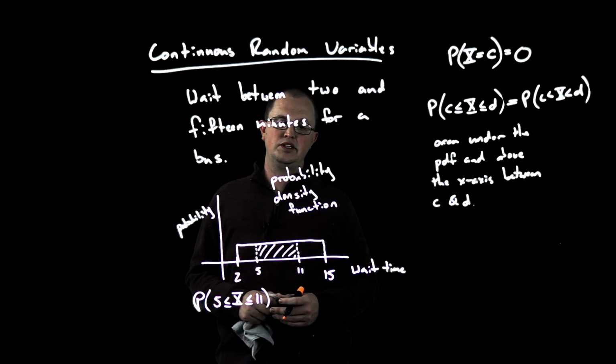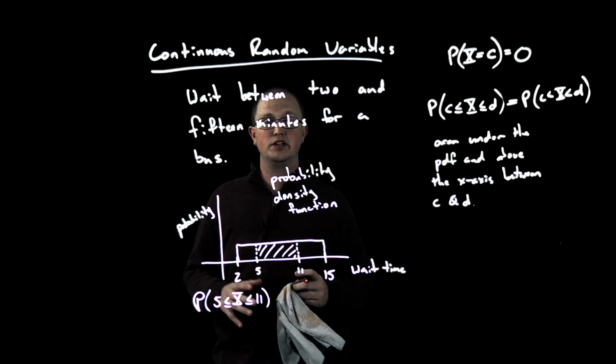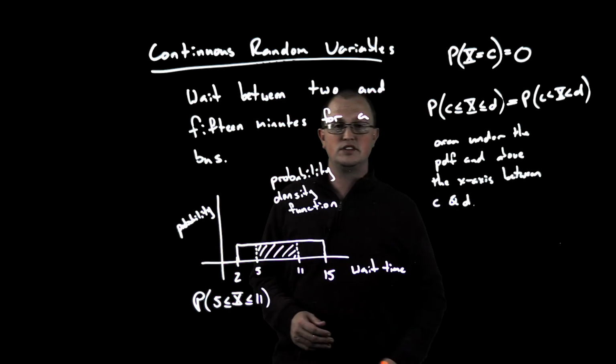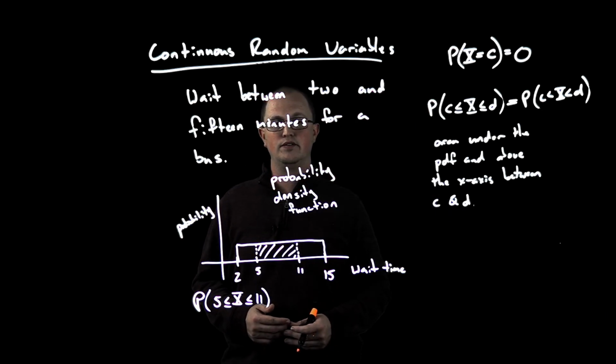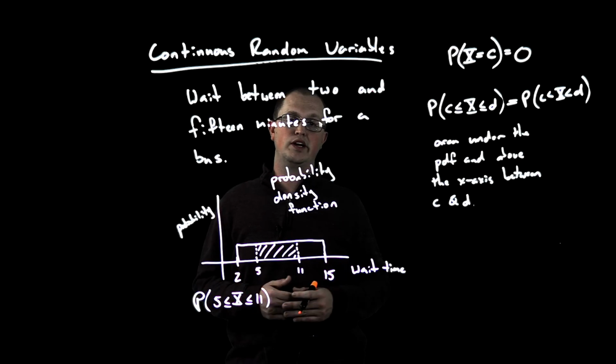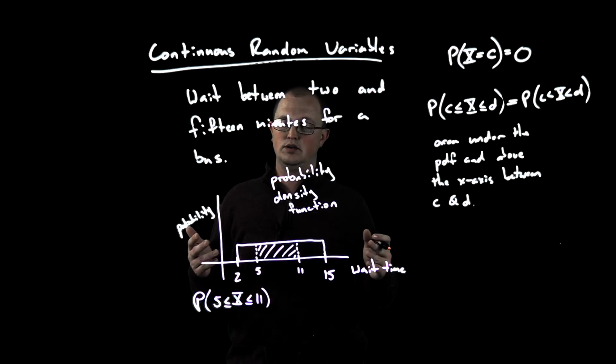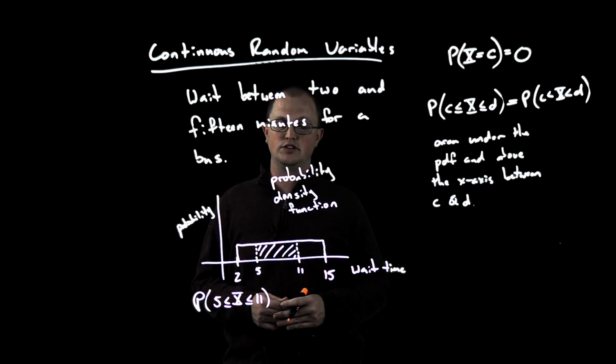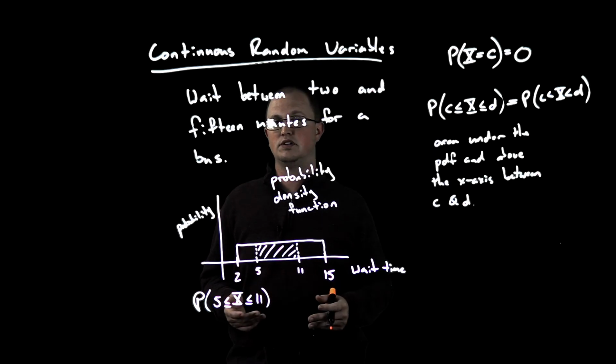So these probability density functions are going to be really important tools for us to study continuous random variables. And so most of what we're going to have to work with is determining what is the probability density function for different random variables.